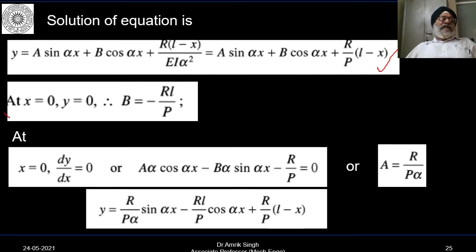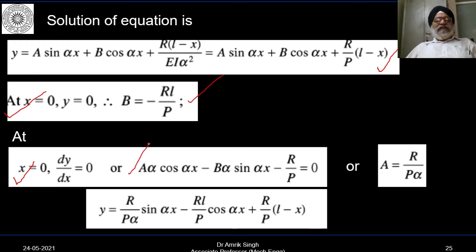At one end, the boundary condition is x equal to 0, y equal to 0. So when x is equal to 0, this term becomes 0, this term becomes b, and the last term becomes RL upon P. So you will get the value of b, that is minus RL upon P. By putting another condition, first we do the differentiation of this equation, that is dy upon dx, and we put this equal to 0.